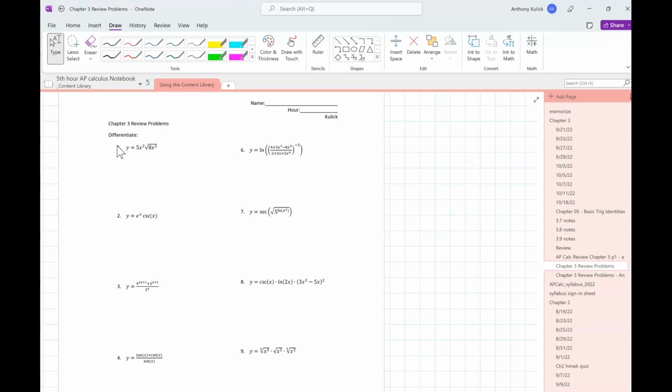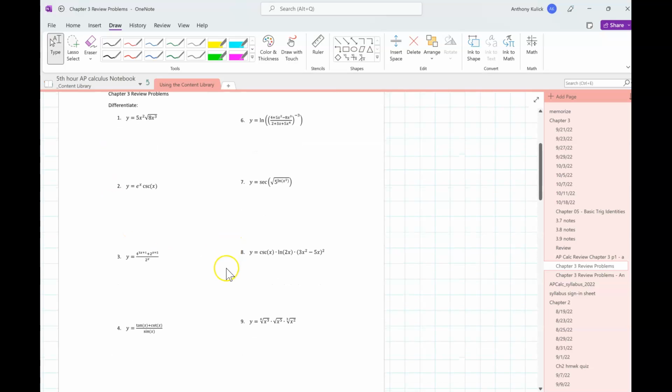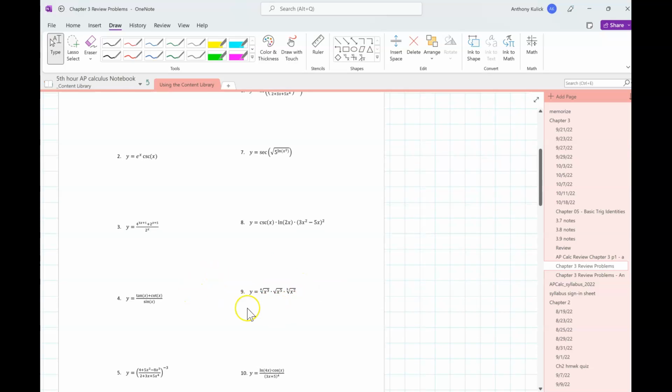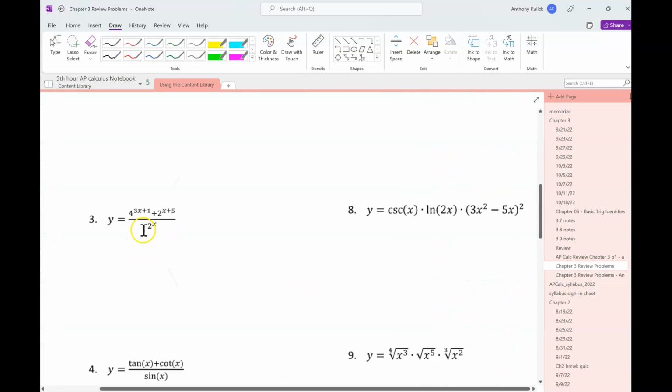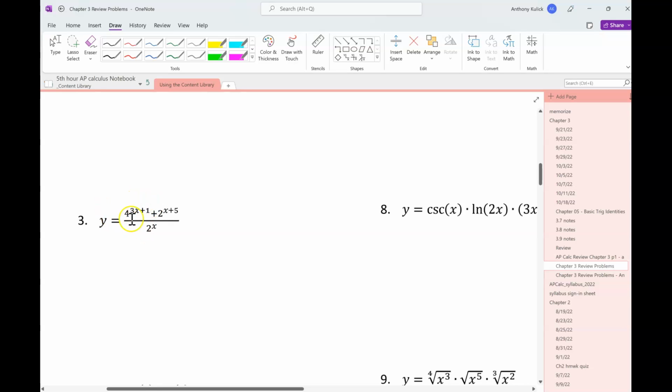Something where you can use algebra to make the calculus easy, or keep the algebra easy and make the calculus hard. You know what I mean? So that's an example, or 9 is an example. That's one you can just do as a single power property if you do the algebra. If I were a little bit smarter, I could have written this one so you could have done it with just the exponential derivative.